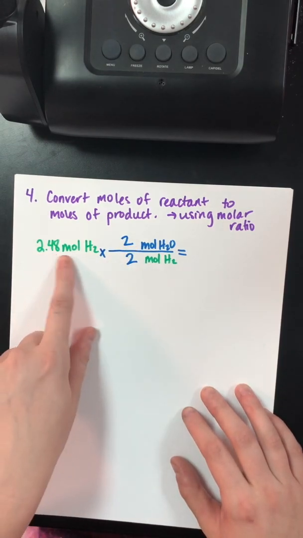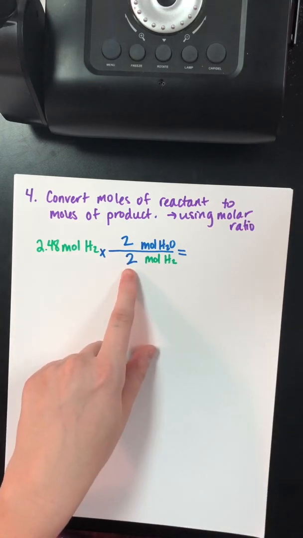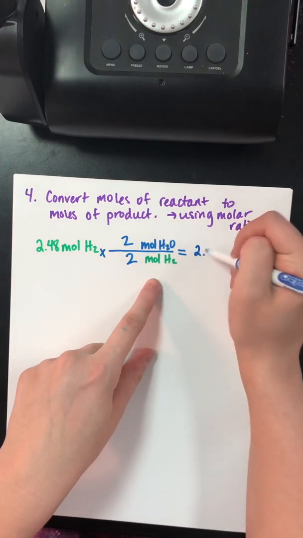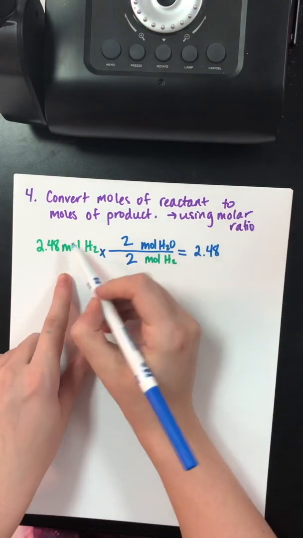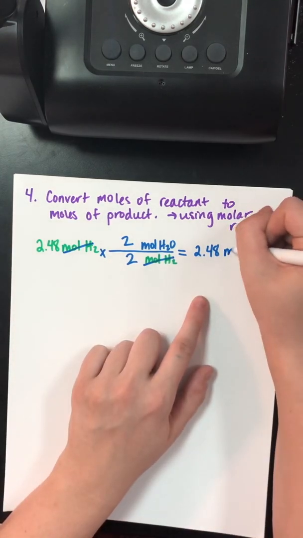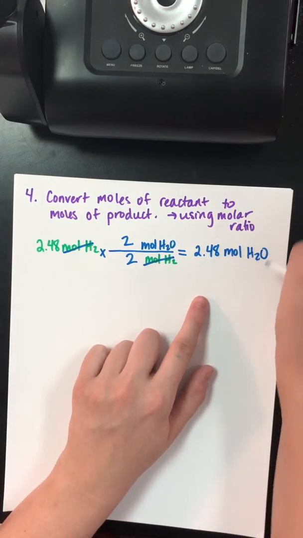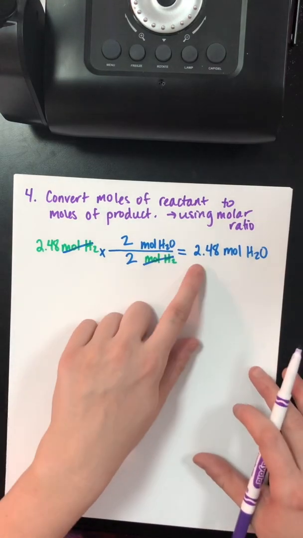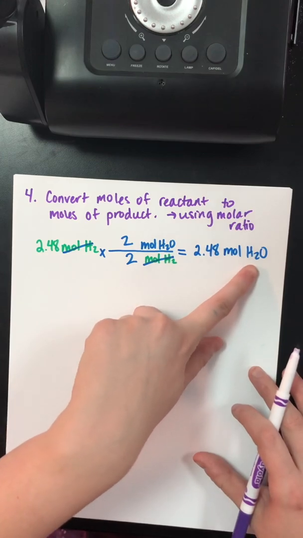So this is 2.48 times 1. So we get 2.48 again. But the moles of hydrogen and moles of hydrogen have canceled, so we're left with moles of water. Now we've essentially solved the problem. We've figured out how much water is produced, but in the wrong unit.